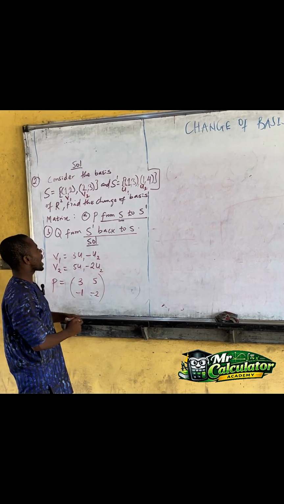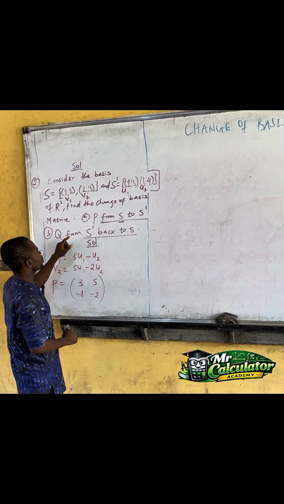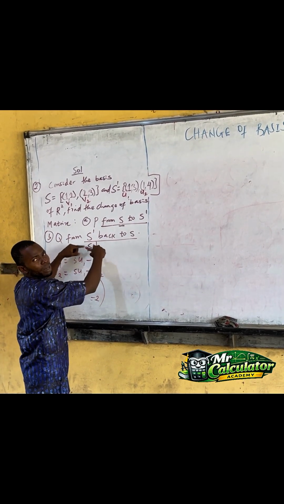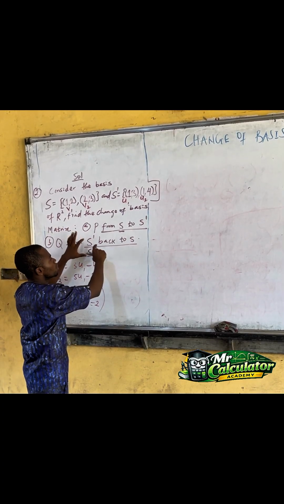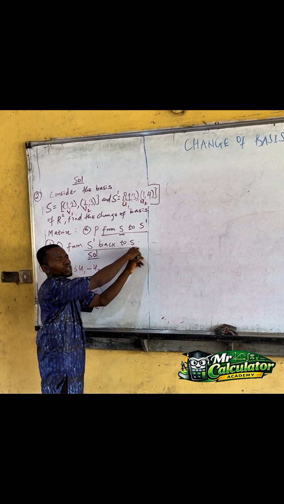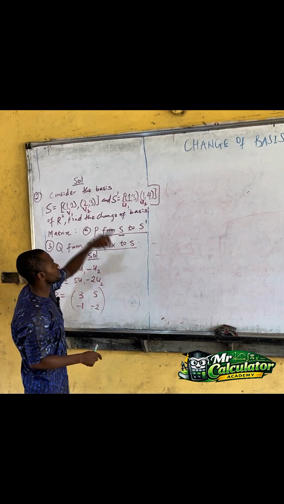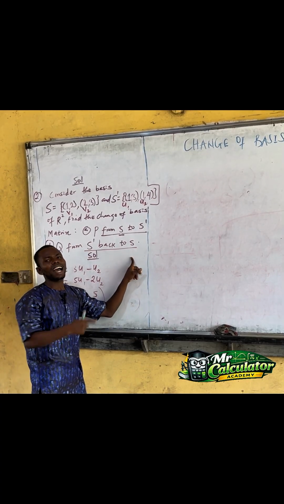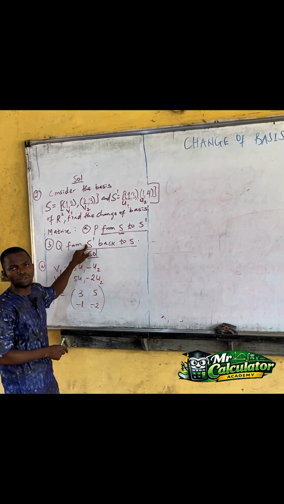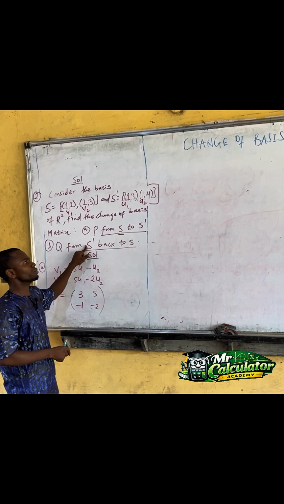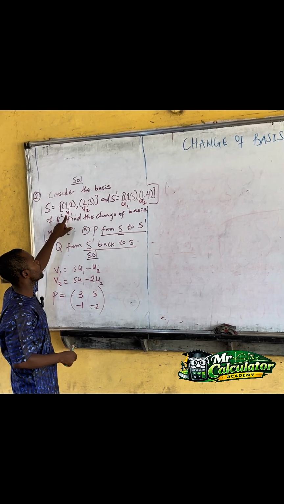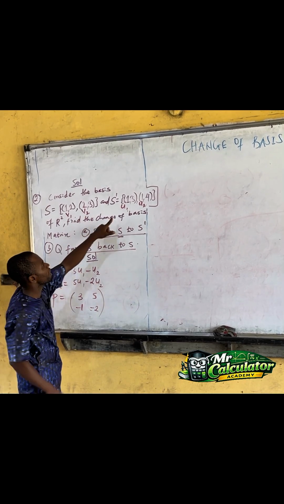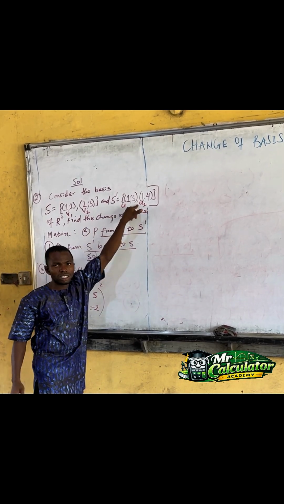Why? Because I want to write the change of basis matrix Q from S prime. S prime is now my U1, U2, and my V is now in S, which means I want to change it back to the basis of S. I will now write the basis of S as a linear combination of the basis of S prime, which means my V1 will be this, V2 will be this, my U1 will be this, and U2 will be this.